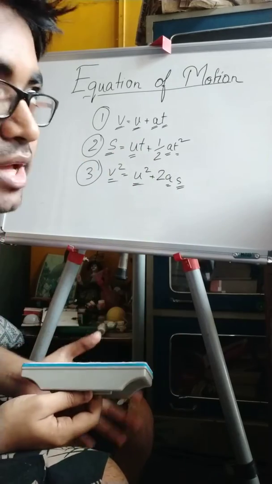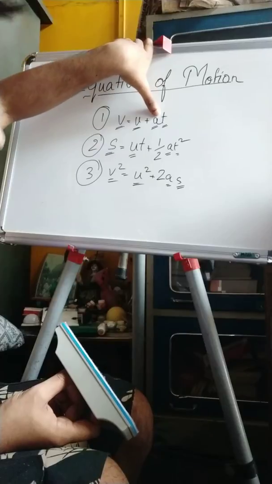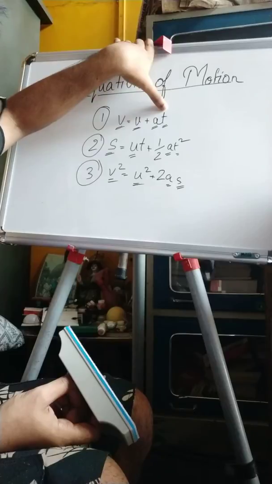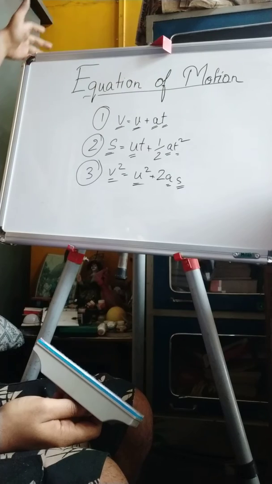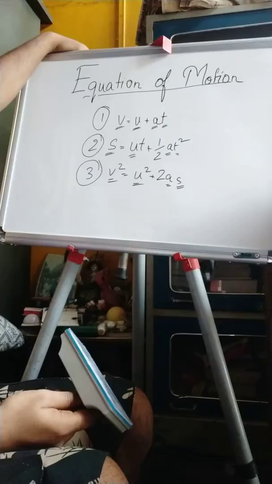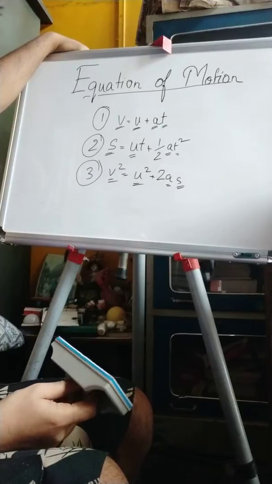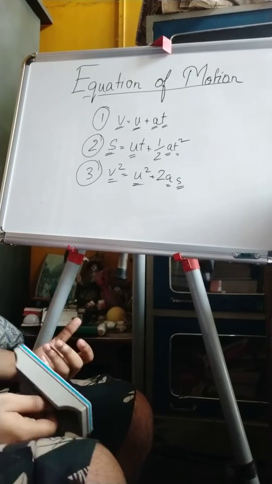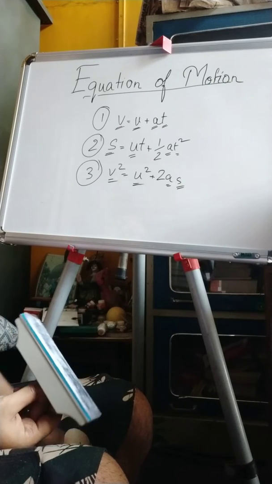There will be certain problems where you will be given acceleration, the initial velocity, and the time, and the question will be to find the final velocity of the object. For example, it is said in a question that an object is traveling with an initial velocity of 10 km per hour, and it is accelerating at a rate of 5 km per hour square, and it takes 2 hours to cover a certain distance.